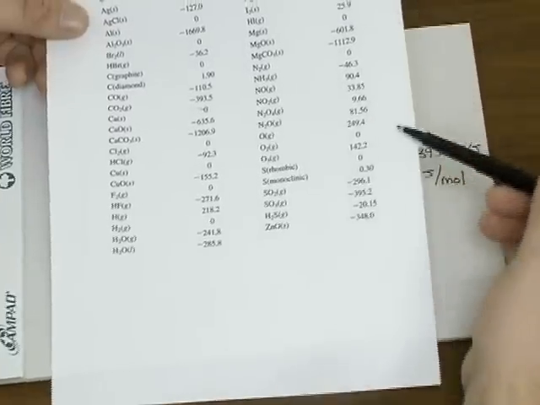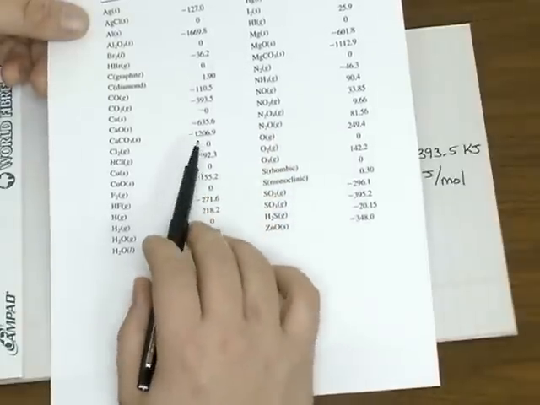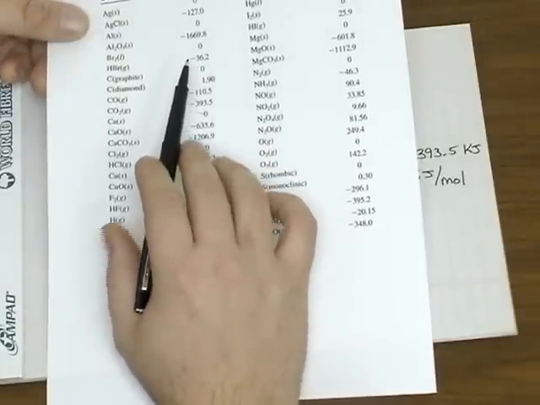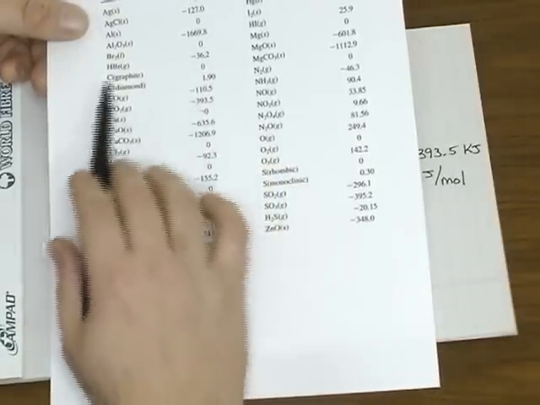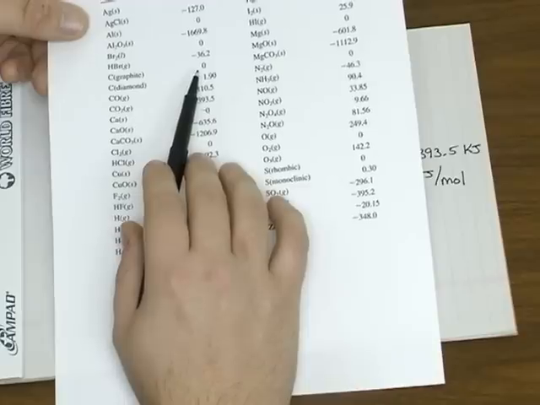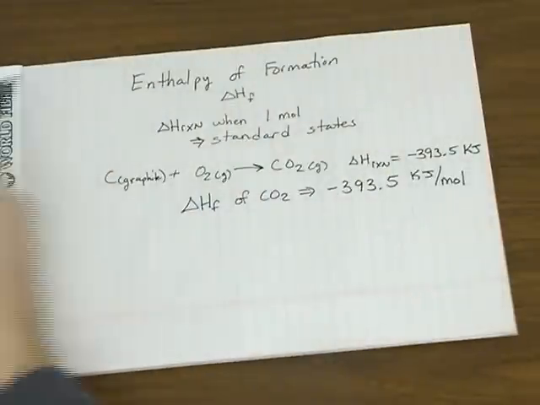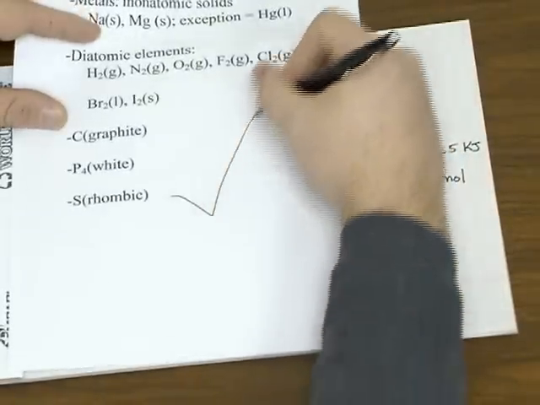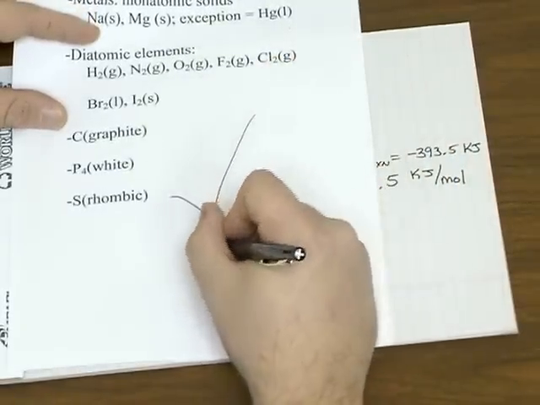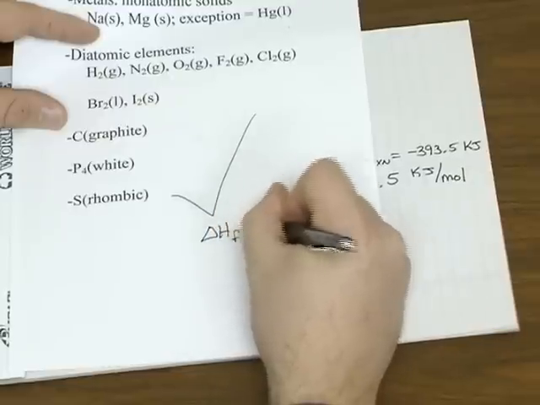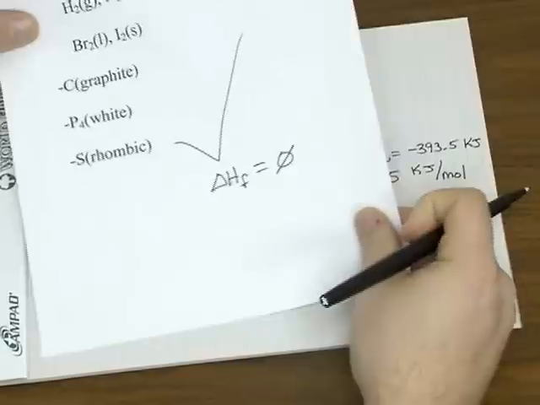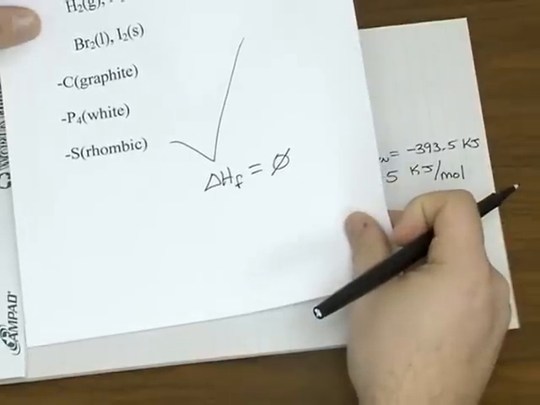And if you notice, a lot of these that we said were standard states, like chlorine and bromine, and graphite's in here somewhere, there's graphite. These are all set to 0. And that's the normal convention. All of these standard states have an enthalpy of formation equal to 0.